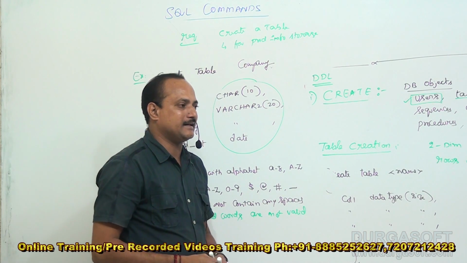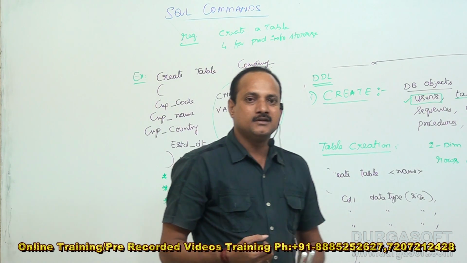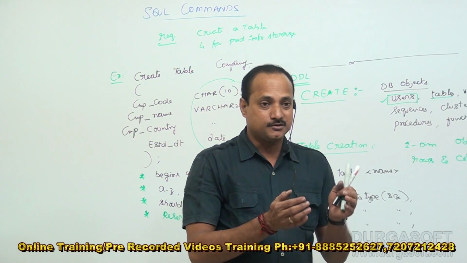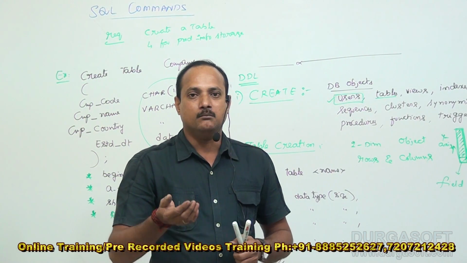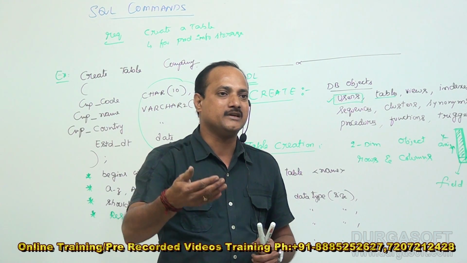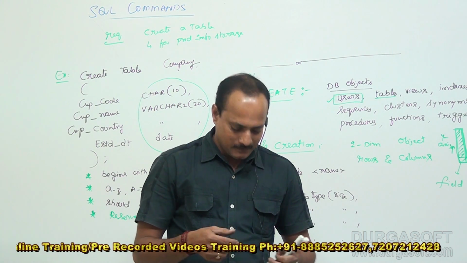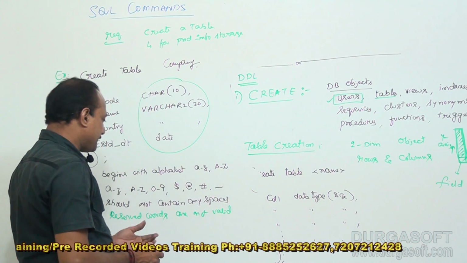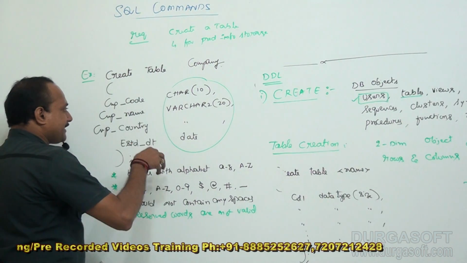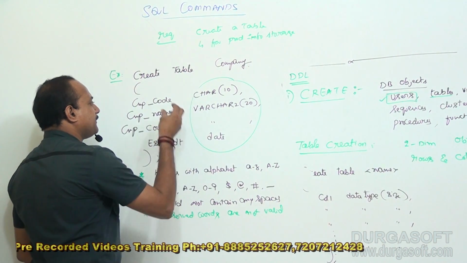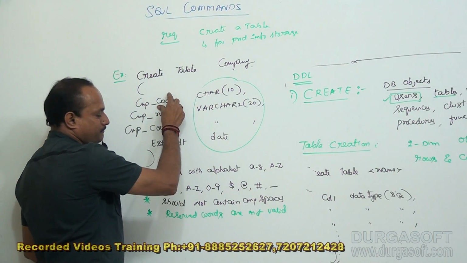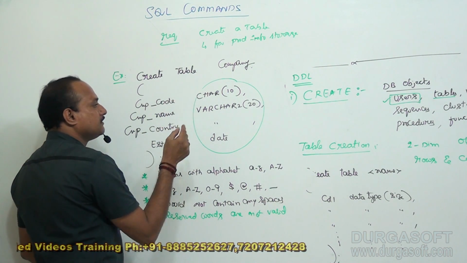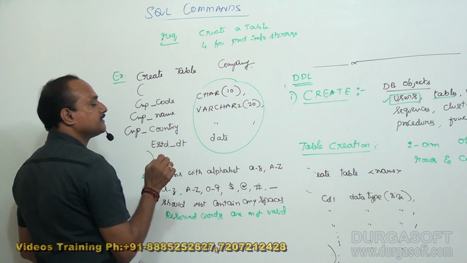What is happening internally? According to the data type and size, the Oracle engine reserves the required memory for each value in the column. If you are entering a 5 character length value, then the Oracle engine assigns 5 character length memory.